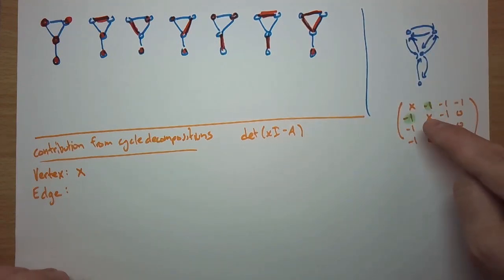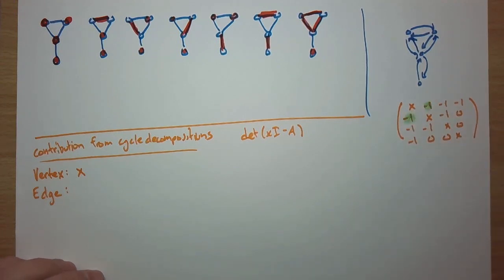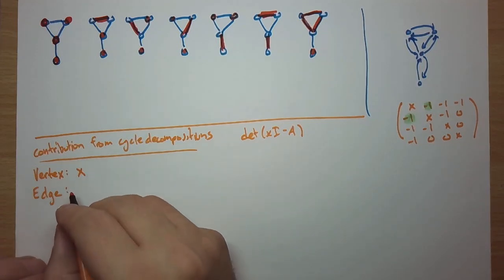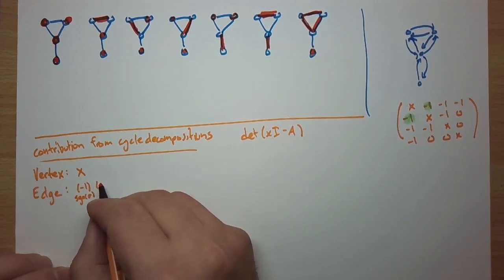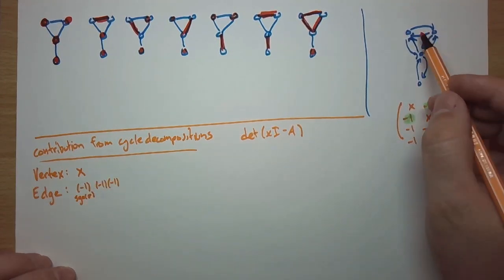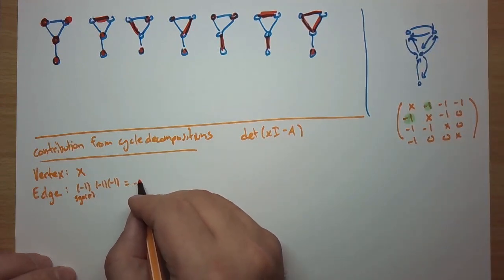If I have an edge, I'll have a single transposition I need to make. So the sign is negative 1. We'll get a minus 1 from the sign part, and then a minus 1 times minus 1 because we'll have those edges. So the net contribution is negative 1.